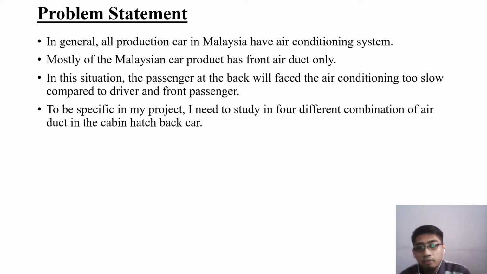To be specific, in my project I need to study 4 different combinations of air duct in the cabin of a hatchback car. The 4 combinations are: number 1, front vent; number 2, front and rear vent; number 3, front and top vent; number 4, front and side vent.